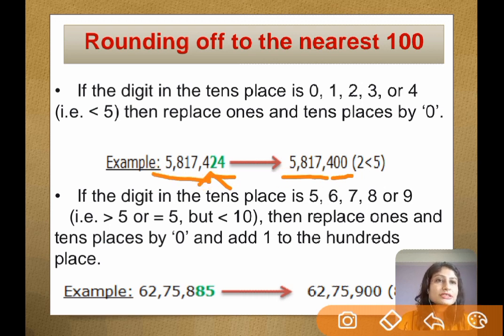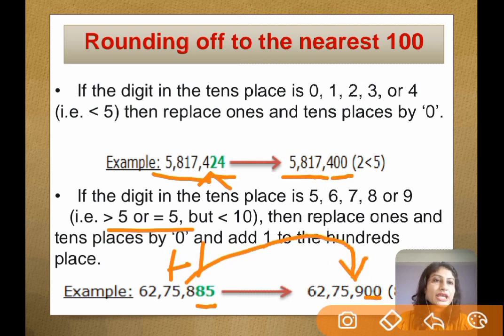Next rule is, if it is greater than or equal 5, then replace this tens and ones using 0 and add 1 to the 100 position. That means 8 plus 1 is equal to 9. And write down rest of the digits as it is. So this is all about rounding off to the nearest 100.